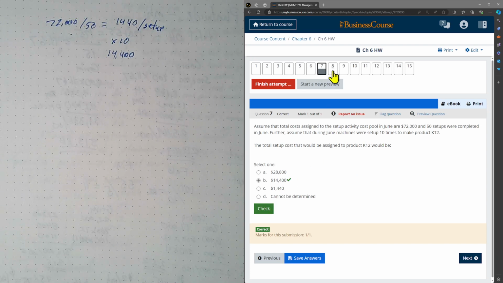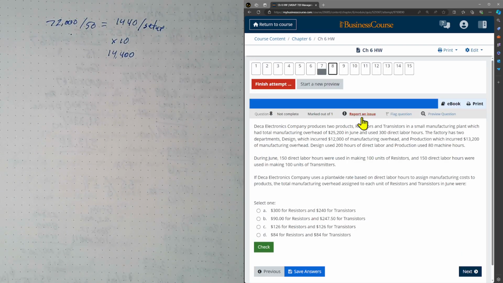So the next one we're going to go to is 8. This one is sort of a plant-wide rate. It has 2 products, resistors and transistors, in a small manufacturing plant, which has a total overhead of 25,000 in June and used 300 direct labor hours.